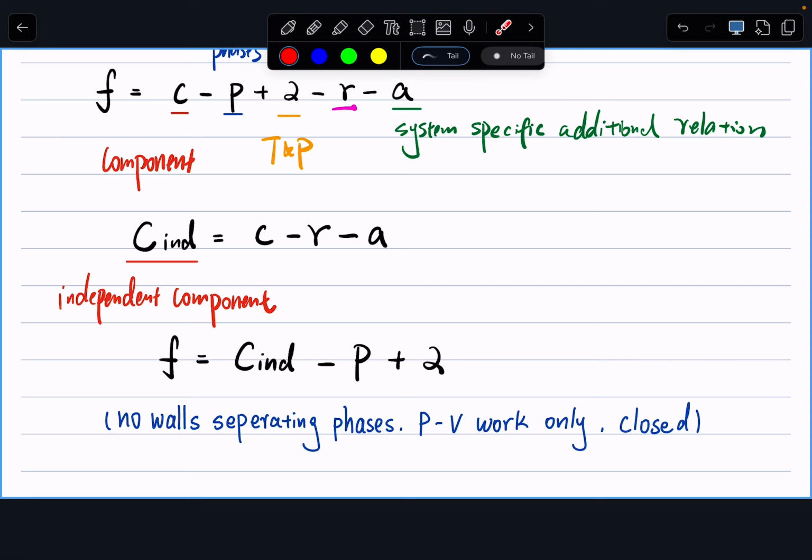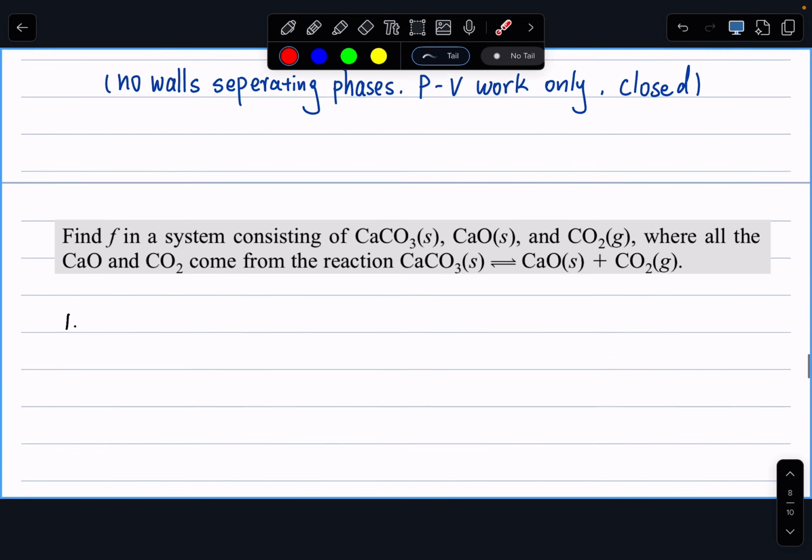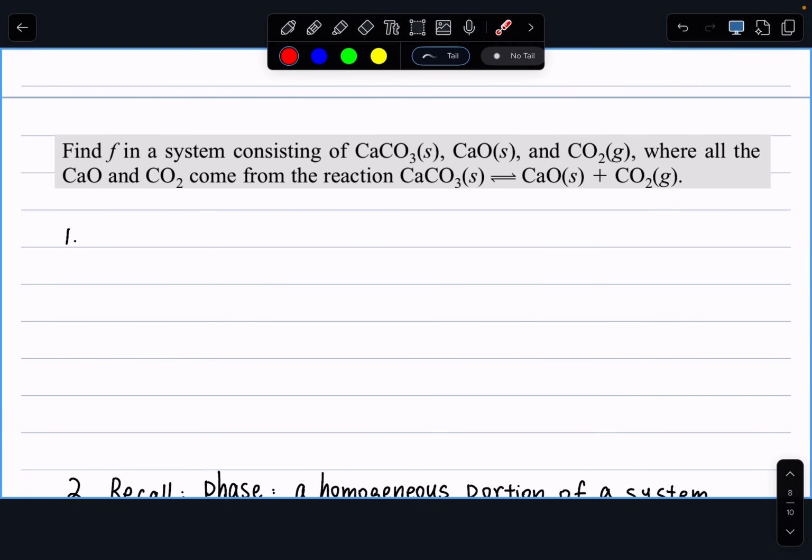All right, let's look at an example together. This part should be pretty straightforward. We're imagining scenarios that are taking place to help you understand a pretty straightforward concept, and then we're talking about the application of the phase rule to calculate the variance of a specific system. So read it.